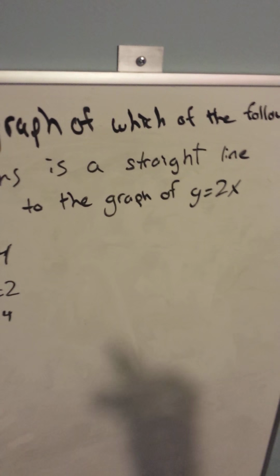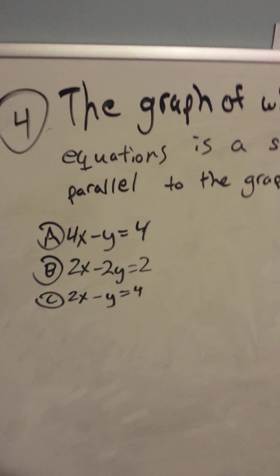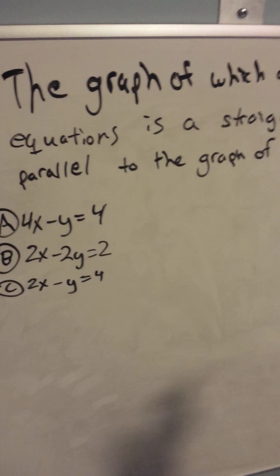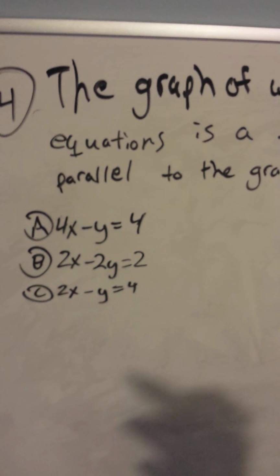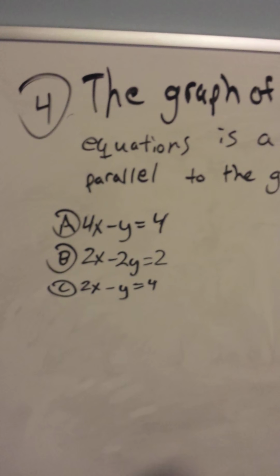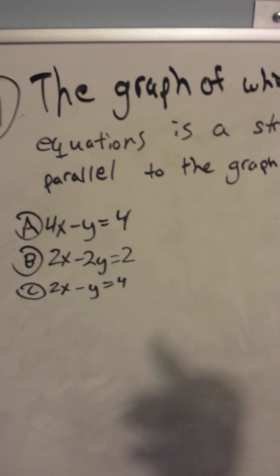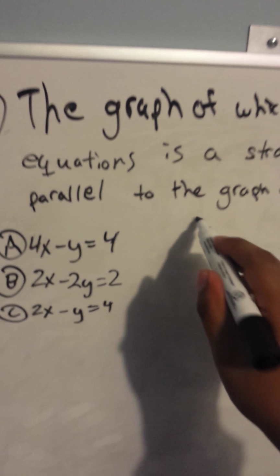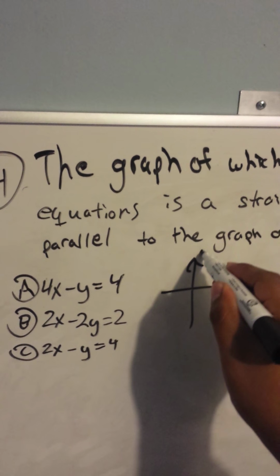So when we're talking about parallel, what's important here is that you realize what makes 2 lines parallel. The thing that makes 2 lines parallel is the slope. Now you might also not know what parallel is, but okay, here is our Cartesian plane, here's the x-axis, here's the y-axis.